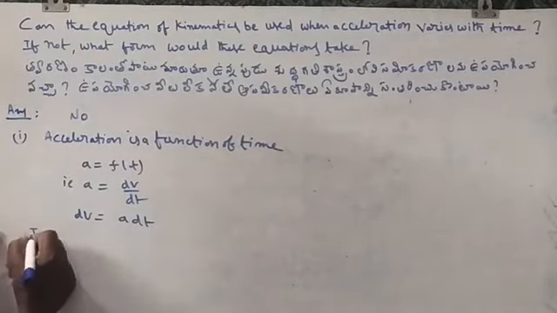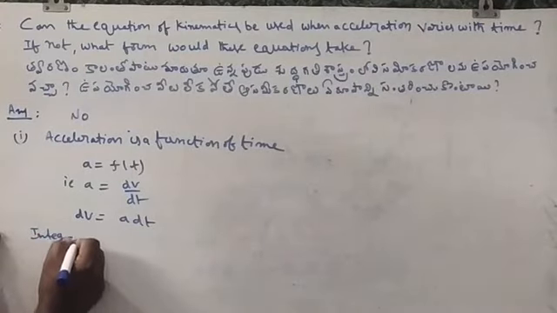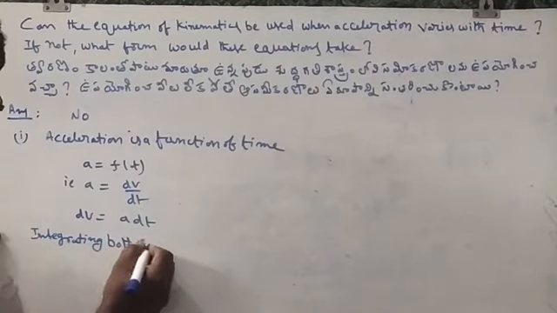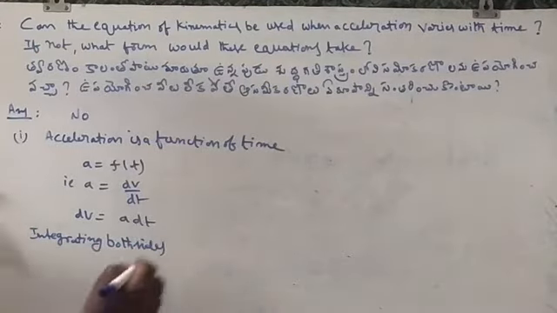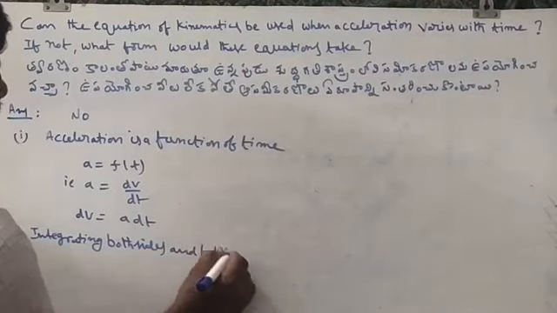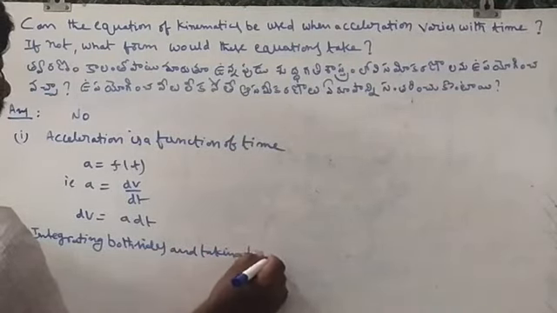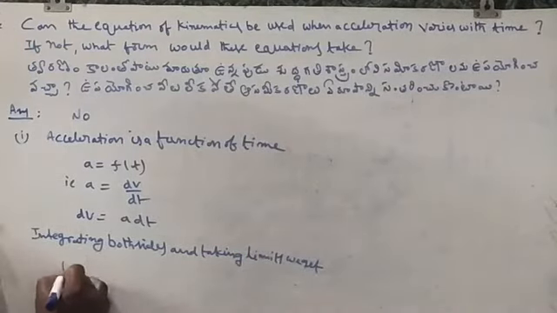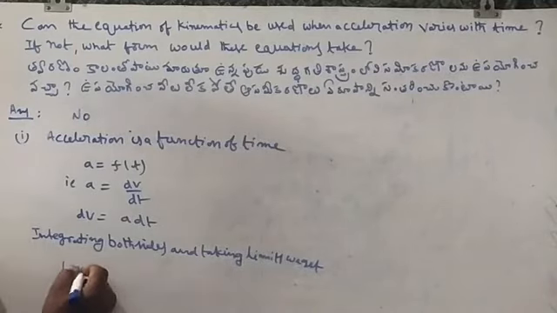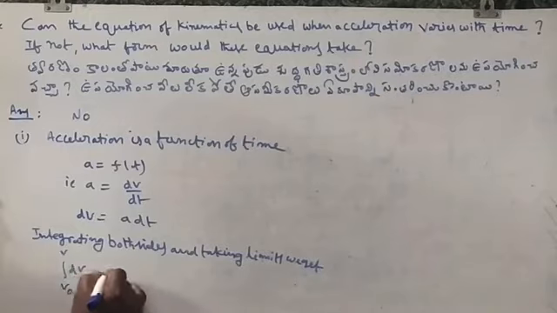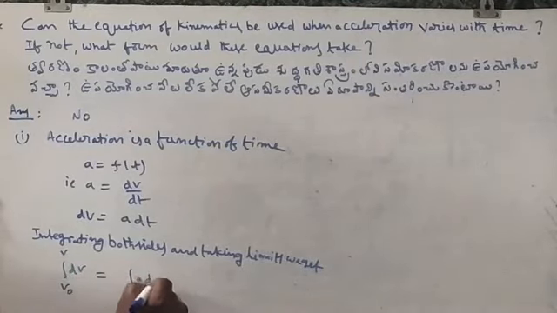Integrating both sides and taking limits, we get integral dv, initial velocity v0 to v, is equal to integral a dt, 0 to t.